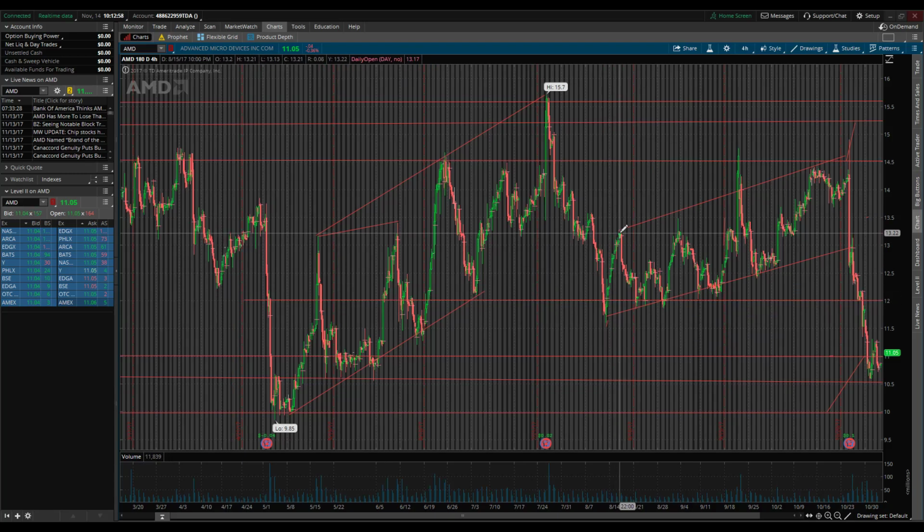It would go above 13, and then it would cycle back. This is called swing trading, guys. It would cycle back in its channel and go towards the ceiling, go back down, go towards the ceiling, go back down until something changes it, right?